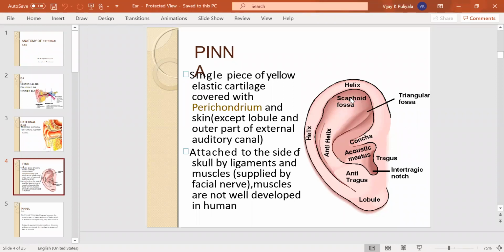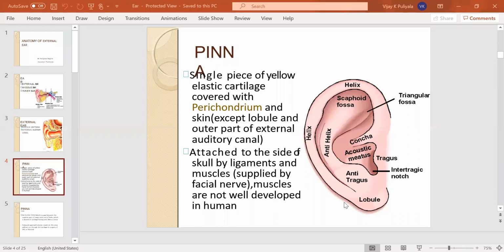Next, what are the different parts of this auricle? Here you can see the helix. All this is the pinna or auricle. The helix forms the prominent peripheral rim.